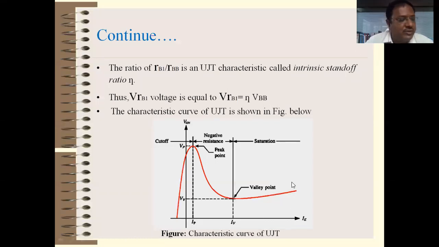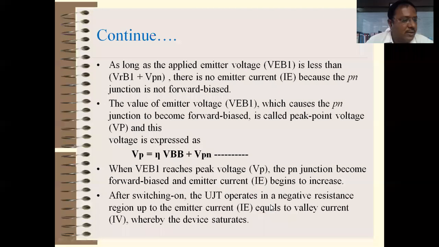I think it is visible or not, I don't know, the slide is changed or not. So this red line basically shows the characteristics of this UJT, right? I think it is not shown, I don't know exactly.